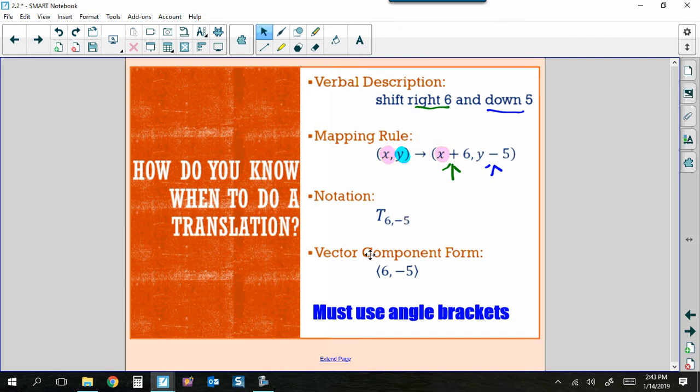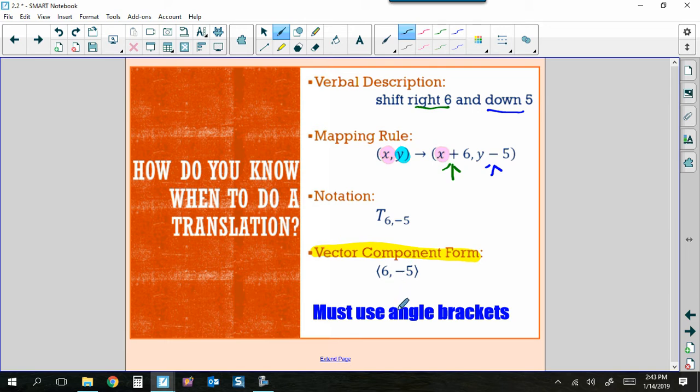And then lastly, vector component form is specific to translations. You will only see this when we are talking about translations. It is the same thing as the notation in that it's just the number. You need to remember that before the comma is your x coordinate, so therefore before the comma in a vector form is your x move.